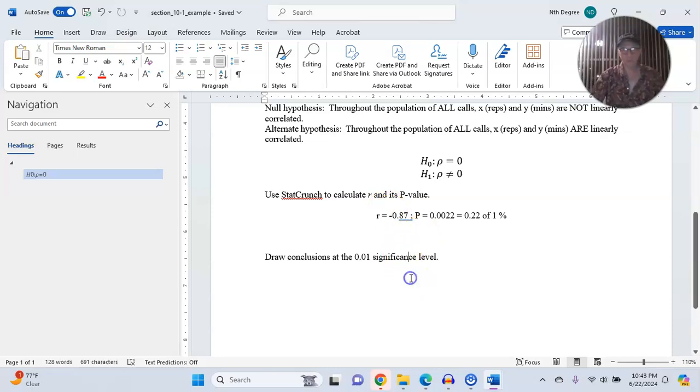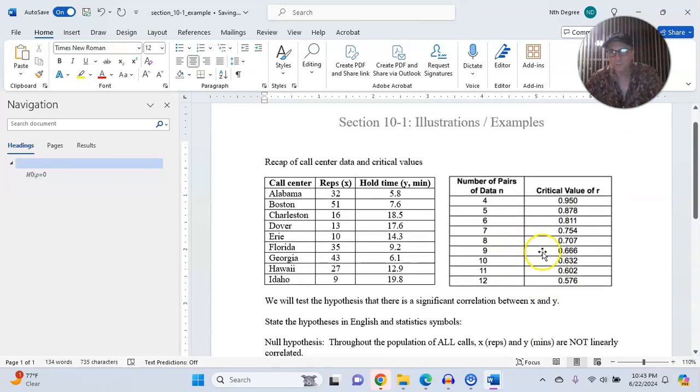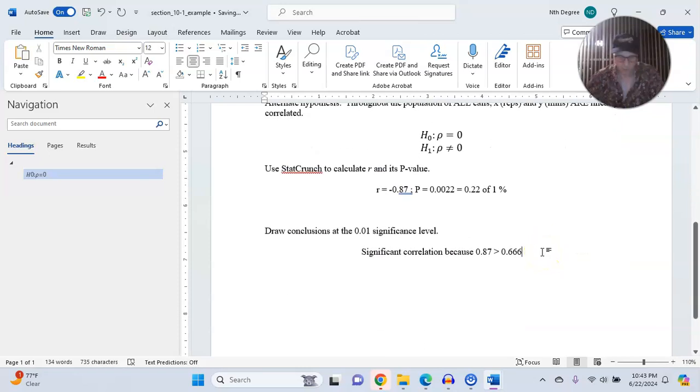So we found a significant correlation because 0.87 is greater than the cutoff value of 0.666 from the table. I hope that agrees with the two-dimensional analysis of the p-value.